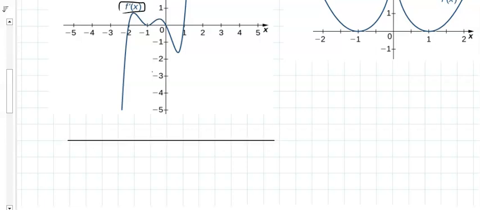Since it is the graph of the derivative, it equals 0 at -2, at 1, at 0, and 1 again. To the left, this is where the graph of the derivative is negative. So it's negative here, it's negative to the left of 0, and it's negative between 0 and 1.